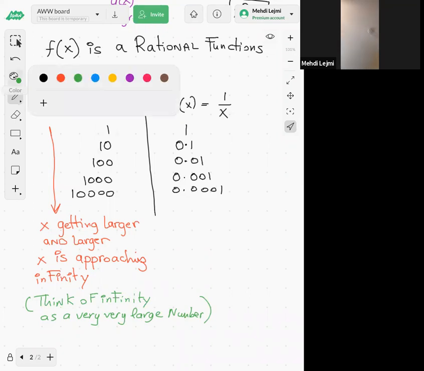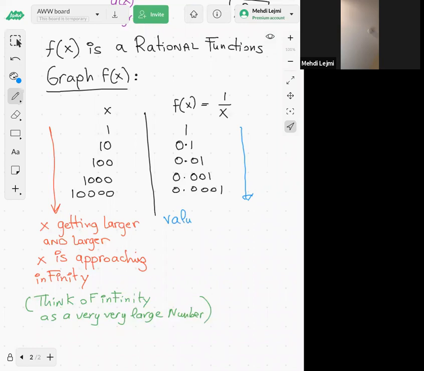It's 1, then 0.1, 0.01, 0.001, etc. So the values of f of x are getting smaller and smaller, and they are approaching which value? They are getting close to 0.